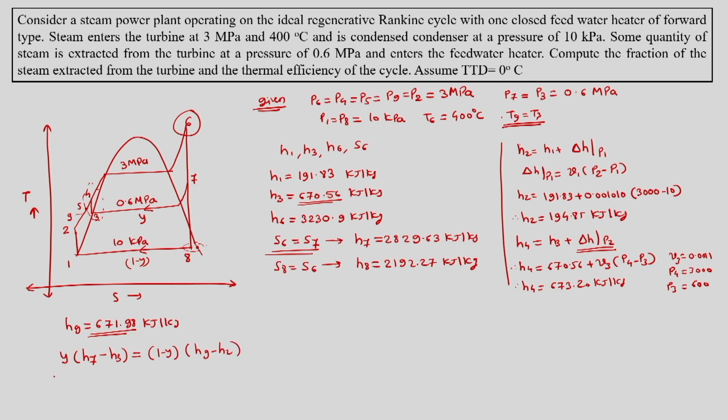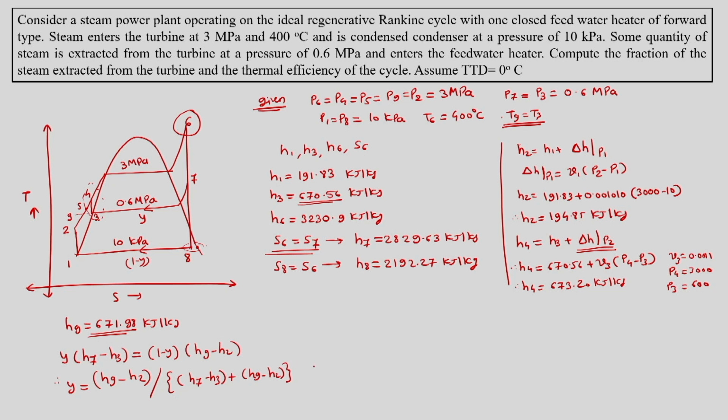So, we can write down the expression for Y, which happens to be H9 minus H2 divided by H7 minus H3 plus H9 minus H2.